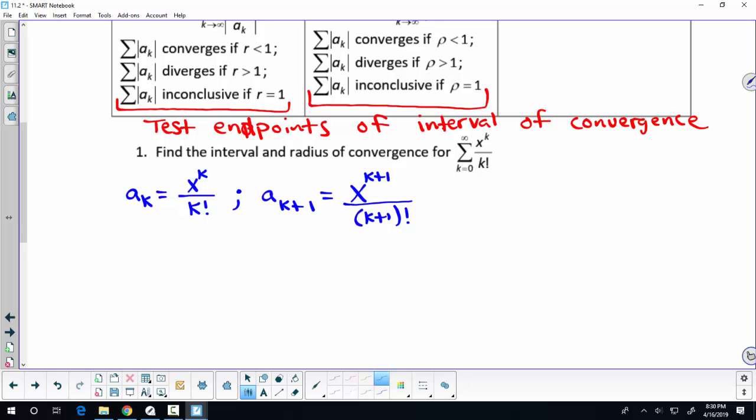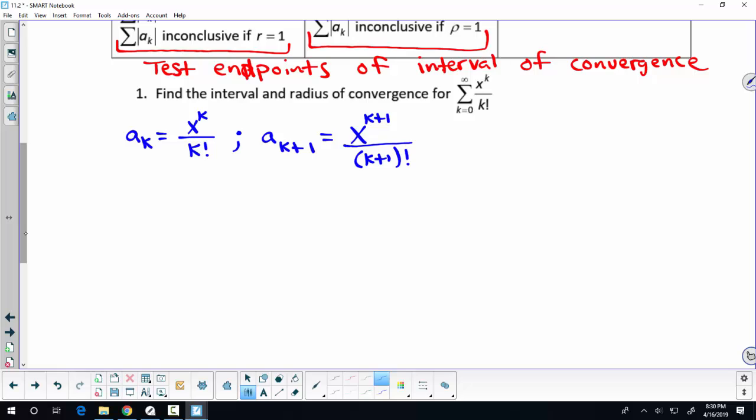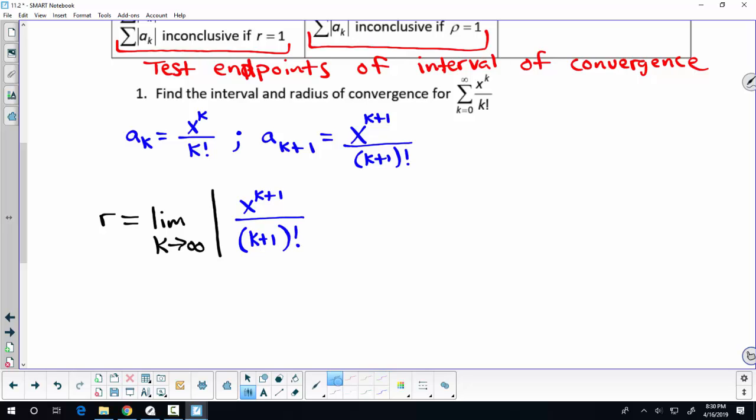Okay, so our ratio r is the limit as k approaches infinity of the absolute value of a sub k plus 1 divided by a sub k.